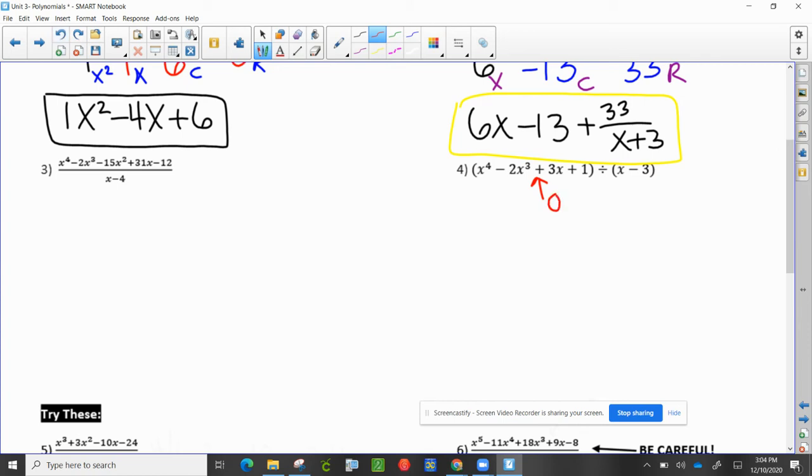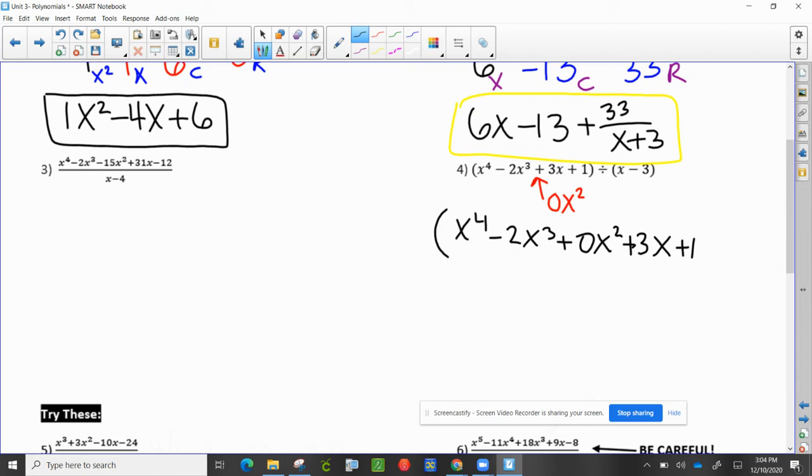So the way we can add it in without actually changing the problem is to give it a coefficient of 0. Okay. So again, if I rewrite this, this would be x to the 4th minus 2x cubed plus a 0 x squared plus 3x plus 1.